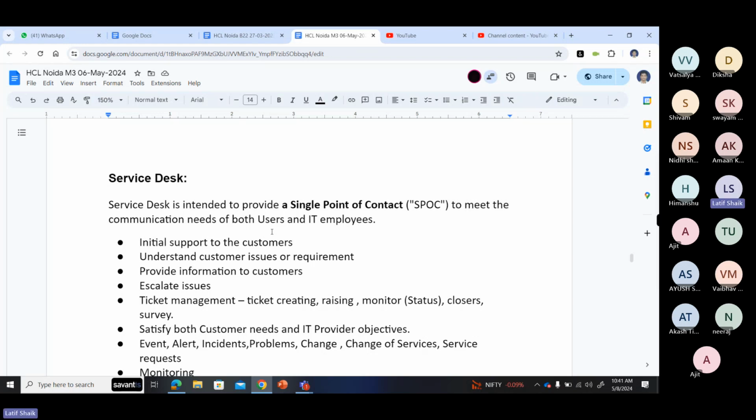There is a desktop support team, which usually handles desktop related issues, printer related issues, network related issues, application installations, operating system installations, and daily maintenance. They take care of those.